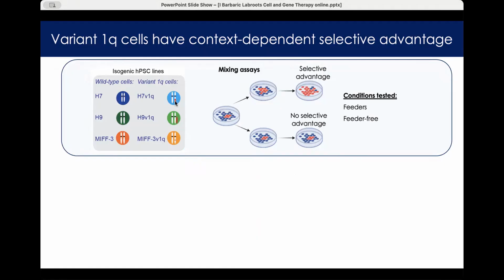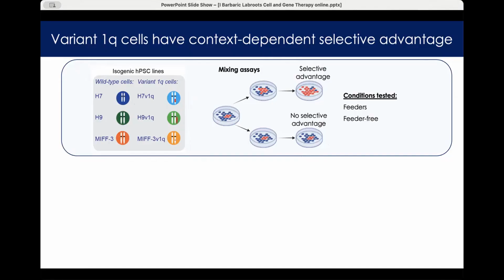So we have clonal lines, and we performed so-called mixing assays, whereby we take these fluorescently labeled 1q cells and mix them in with their wild-type counterparts, then perform subsequent passaging and look at whether they prevail in culture, which would mean that they have selective advantage, or retain the ratio, which would mean they do not have selective advantage.